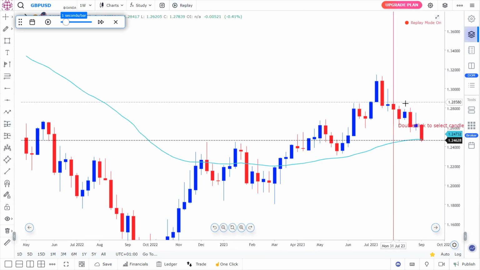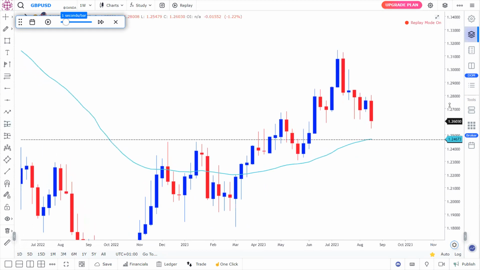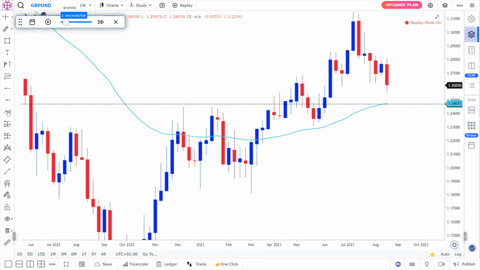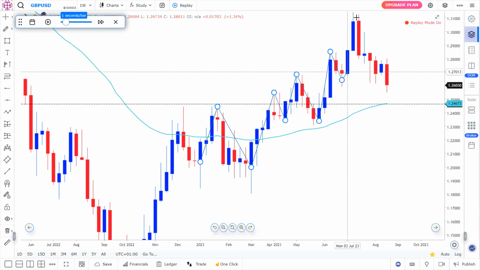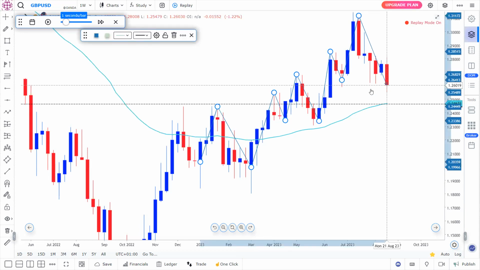Something very interesting on GBP USD from the weekly time frame here. We clearly had price printing us higher highs and higher lows, and then in the bullish market structure, we had a nice structure shift to the downside.